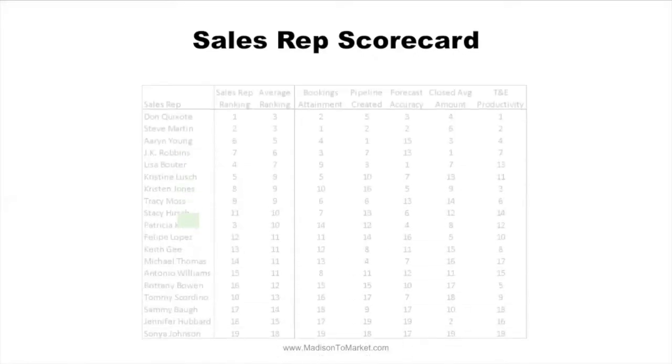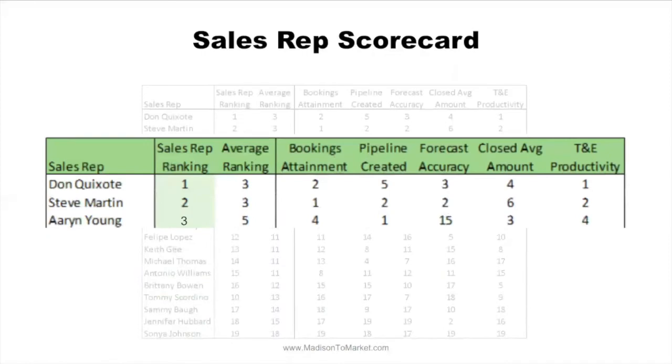The first way we can do this is the sales rep scorecard. Most teams have some type of scorecard that they use. Sales reps can be evaluated across a variety of metrics. This product focuses on aggregating a list of predefined and customized metrics that can be quantified for all your sales reps. So in this example, we see the details for the top 3 ranked sales reps.